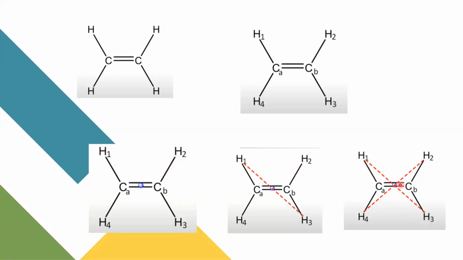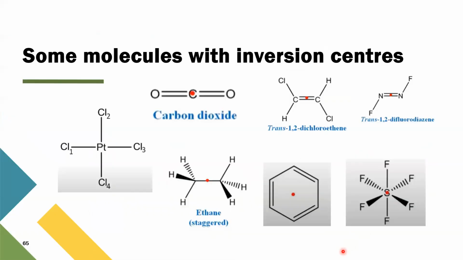So when you take the midpoint and extend the line, you get the same atom. So it's an inversion center. Not only that, even the carbons, through this bond you get equal distance, the two carbons on either side. Okay, so these are molecules with inversion centers.